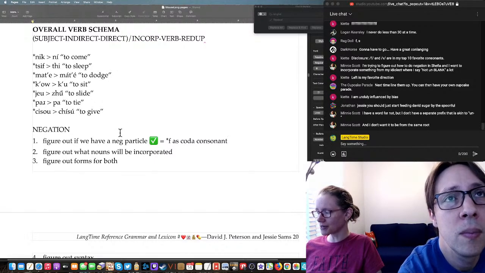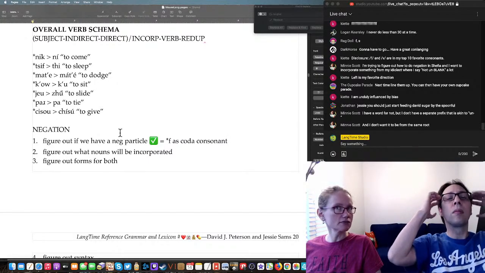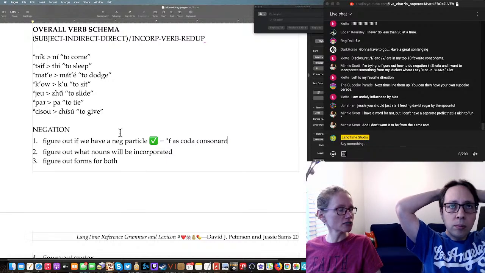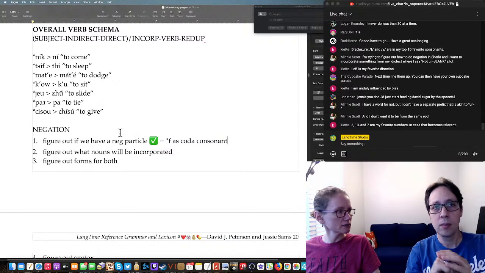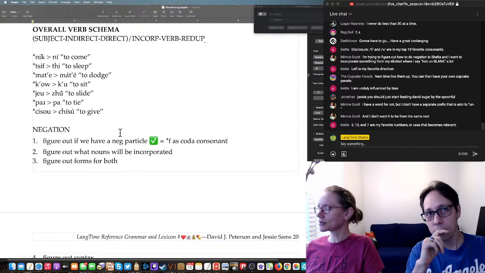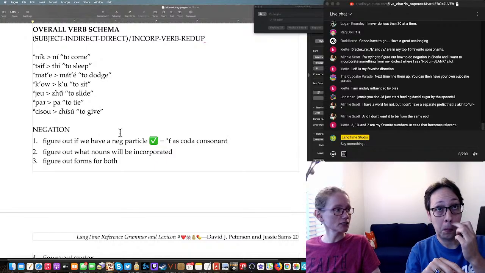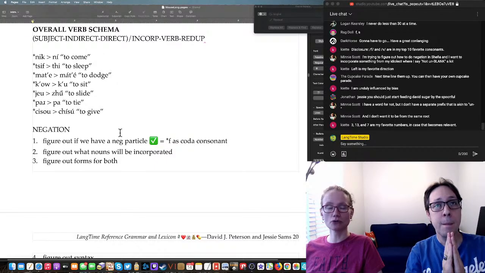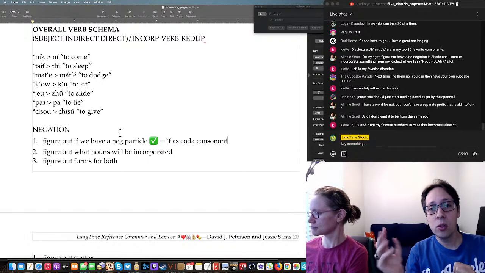Because didn't we say if it has an incorporated noun, it's going to affect the rest of the sentence structure? Because it won't be able to carry agreement on it? That's number 4. That's number 4. Never mind. But let's not talk about that now then, because we are talking about numbers 2 through 3, rather. Okay, so we are. You were correct.